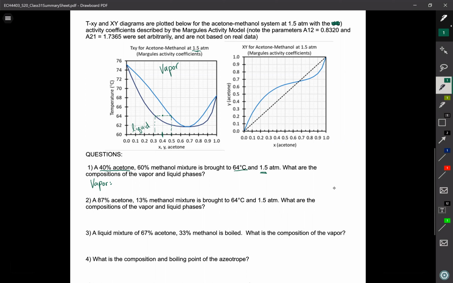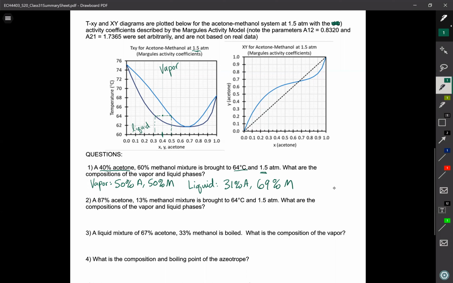It's 50% acetone, which means it's 50% methanol as well. 50% A, 50% M. The liquid is a little bit more involved. The liquid, it looks like I've got, let's say 31% acetone, which means that the remaining 69% is methanol.